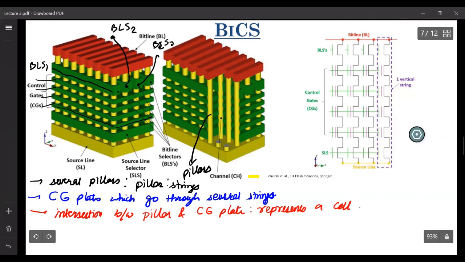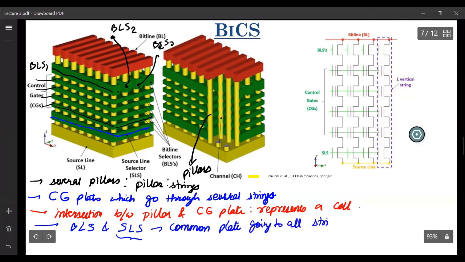Then there are these bitline selectors and source line selectors. Again, if you see, the source line selector is also a common plate going to all strings or all the pillars.